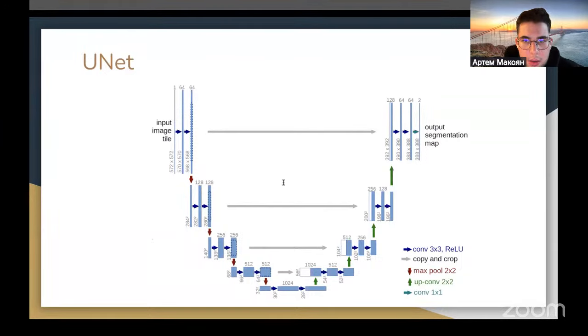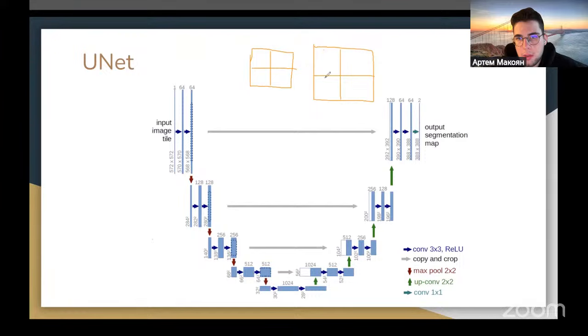Give me a second. If we have, for example, a tensor 2 on 2, what about making a tensor 4 on 4 and putting the color of, for example, this pixel on 4 of these? That is named upsample.